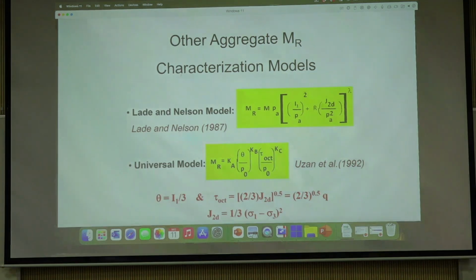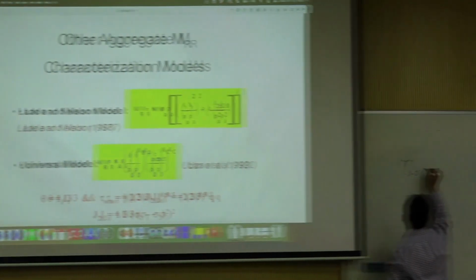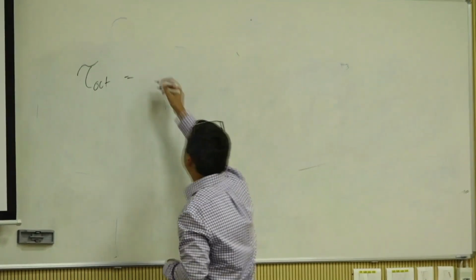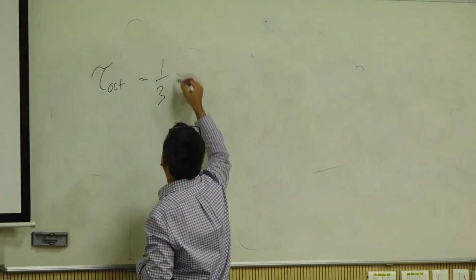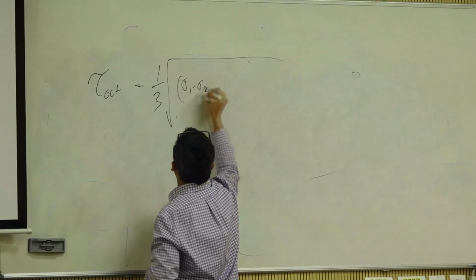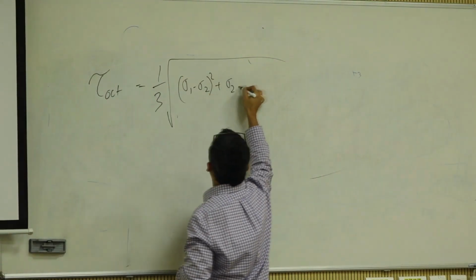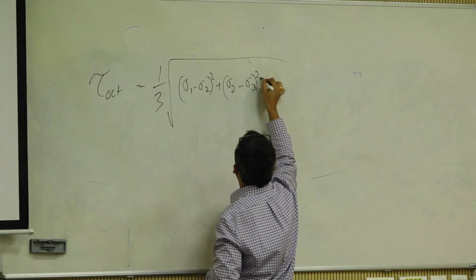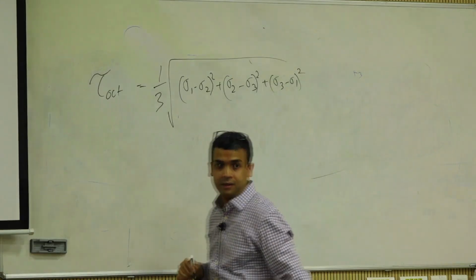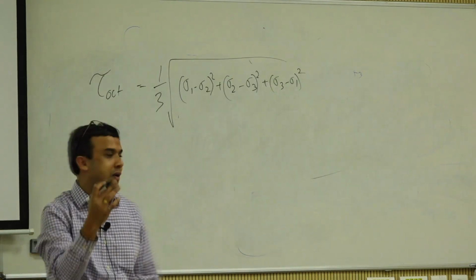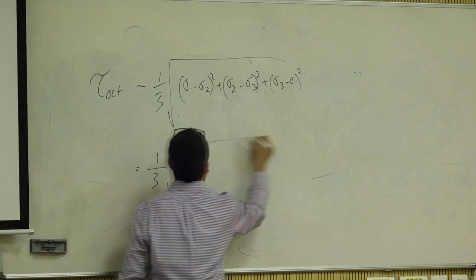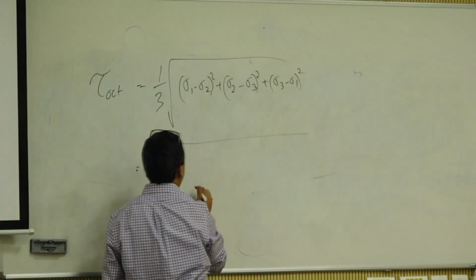So tau octahedral is another definition that comes from mechanics, okay, and it is defined as 1 over 3 root of (sigma 2 minus sigma 3) square plus (sigma 3 minus sigma 1) square. Now let's do it for a typical cylindrical triaxial test. What is sigma 1 minus sigma 2?